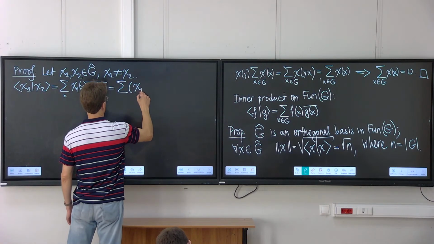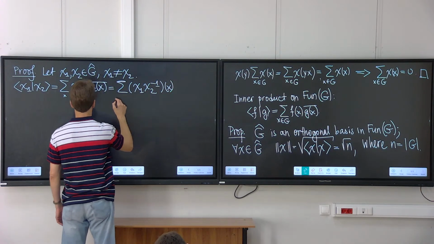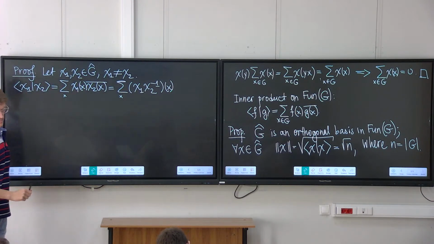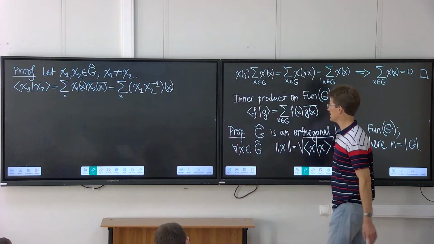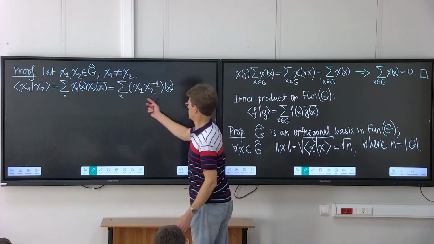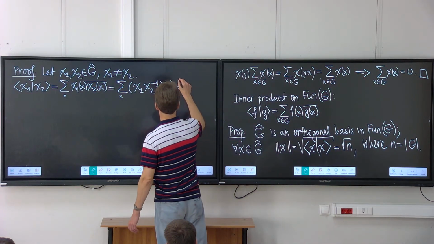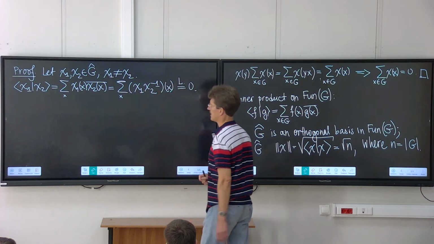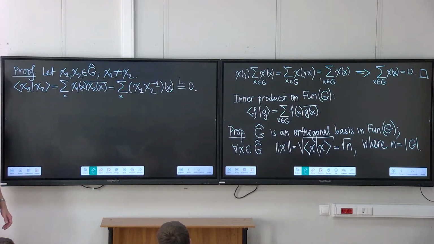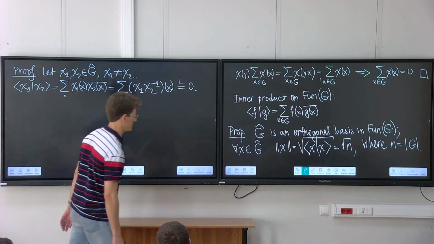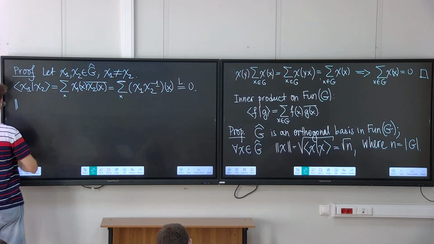So we can write this sum in the following form. And this product chi1 times chi2 inverse is again a character. So we apply our lemma to this character. It is not identically 1 by assumption. And we get 0 by the lemma. We get 0, and so we see that G hat is an orthogonal set in fun of G.